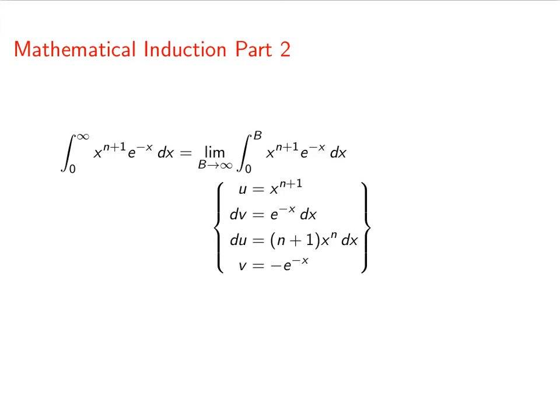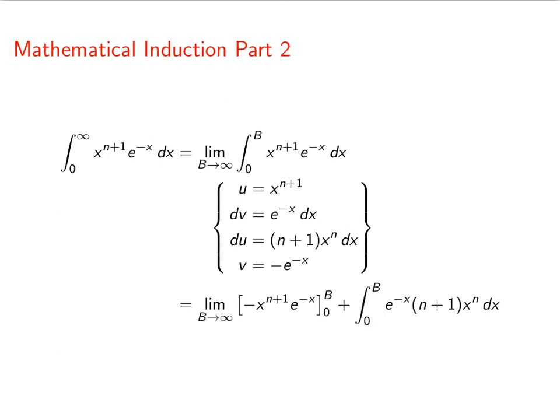The choice of u and dv is driven by something called the detail rule. If you really want to know all about this, go back and look at the videos that I have for Calculus 2. All right, so the integration by parts formula tells us that we should get uv. So here's uv, and that ends up going here.